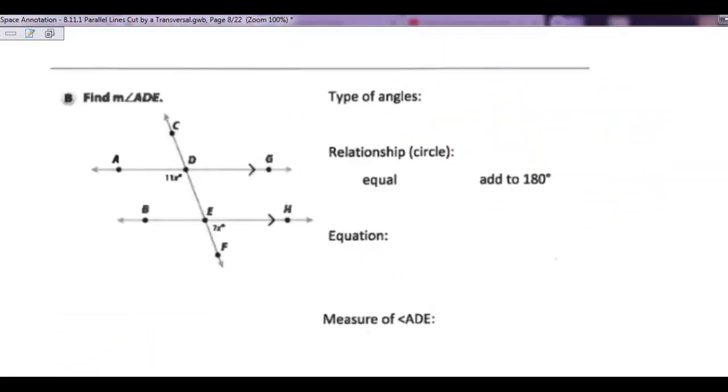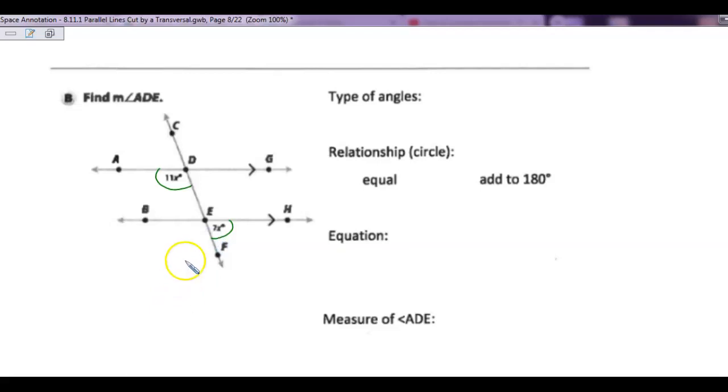Let's do B, find the measure of angle ADE. So ADE is this one right here. And they want me to find the measure of this angle. When I take a look at all the different angles, I also notice that there's this one here that says it's 7x.